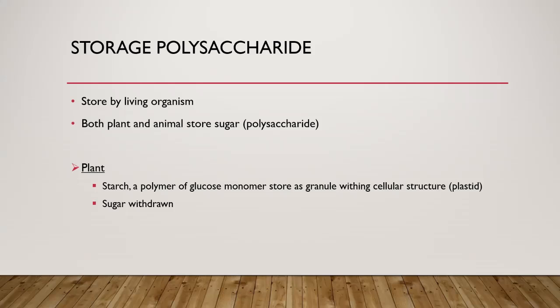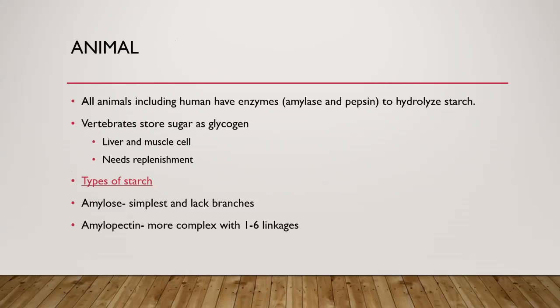Plant starch. Starch is a polymer of glucose monomers stored as granules within a structure called plastid. When cells in the plant are ready to use the stored glucose or sugar, it is withdrawn from the plastid. Animals.